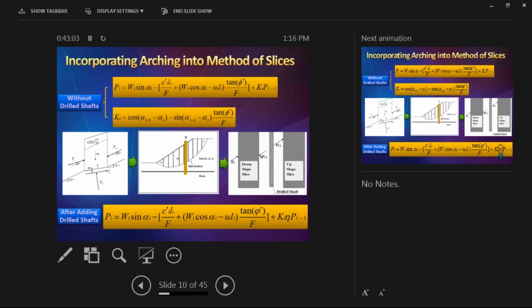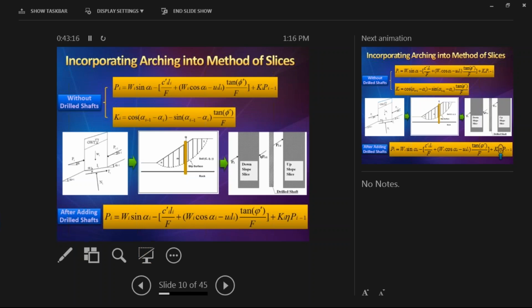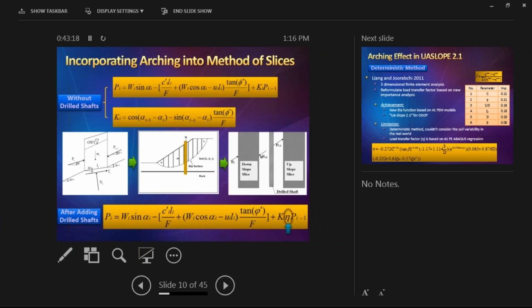So you can see now how we incorporate this load transfer factor eta. We use the method of slices. In UASLOPE, we only use force equilibrium to set up the iterative equation.